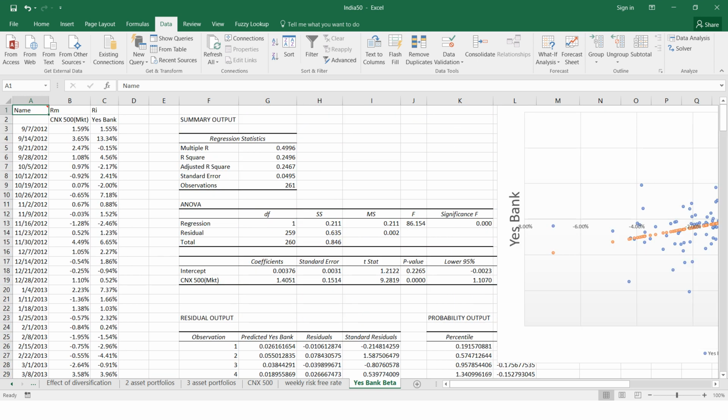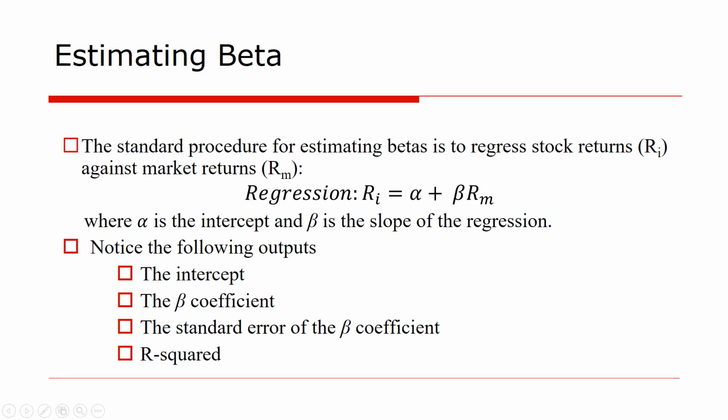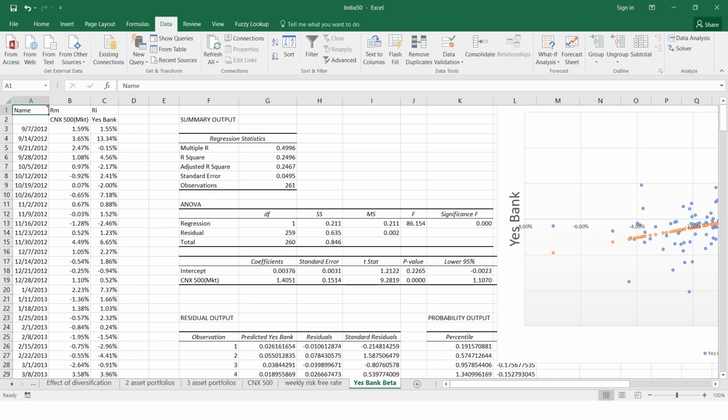So let's look at them one by one. The first thing is the intercept. The intercept for this regression is 0.00376, and the beta is 1.4051.